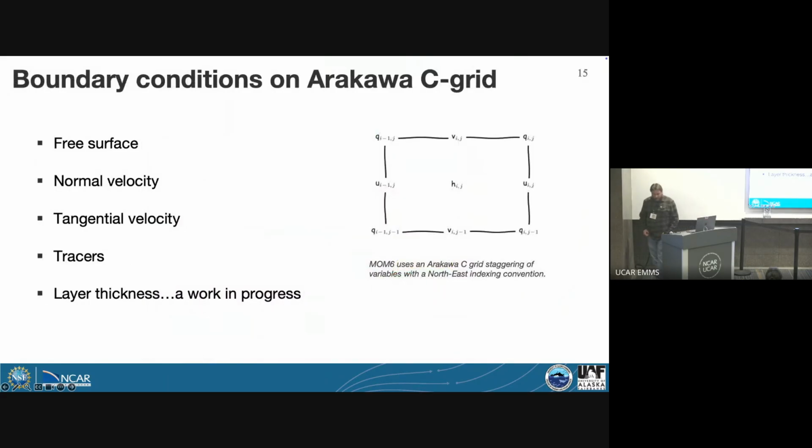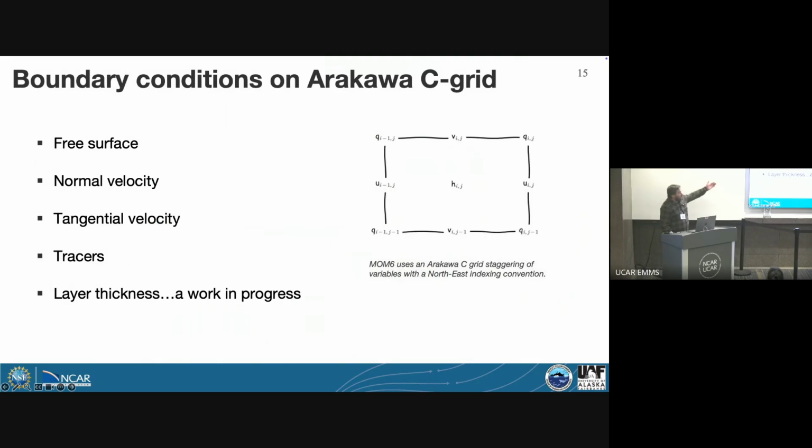You also heard many times already that MOM6 is run on an Arakawa C grid. In terms of OBC, what that means is we need to provide free surface, and we need to provide normal velocity at the center of the faces. You also need to provide tangential velocity, and this is because of the vector invariant formulation of MOM6.